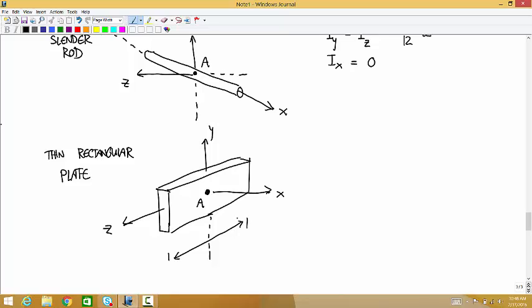So if this distance is C, and this distance is B, the moment of inertia about the x-axis is 1/12 times the mass times b squared plus c squared.